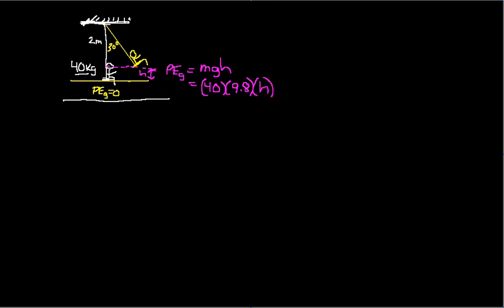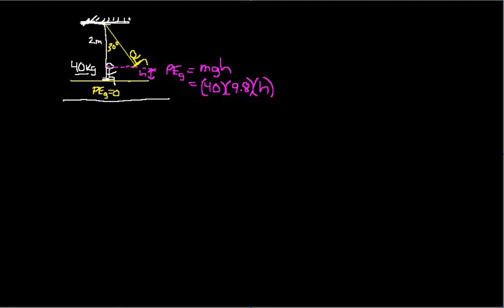So if we get the height from the level position to the raised position, that h, we can plug it into our potential energy equation and find the new potential energy from raising this child up through a 30-degree angle.